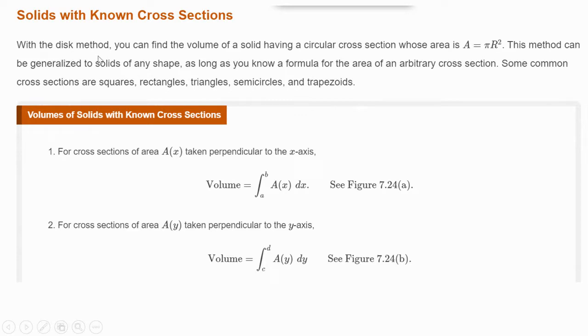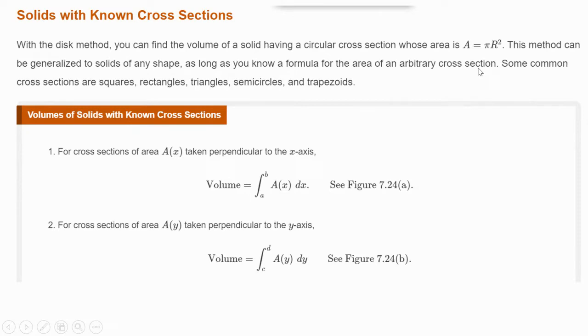So with the disk method, you can find the volume of a solid having a circular cross-section whose area is A equals pi, and this is capital R squared. Now, this method of finding these cross-sections can be generalized to solids of any shape, as long as you know a formula for the area of an arbitrary cross-section.